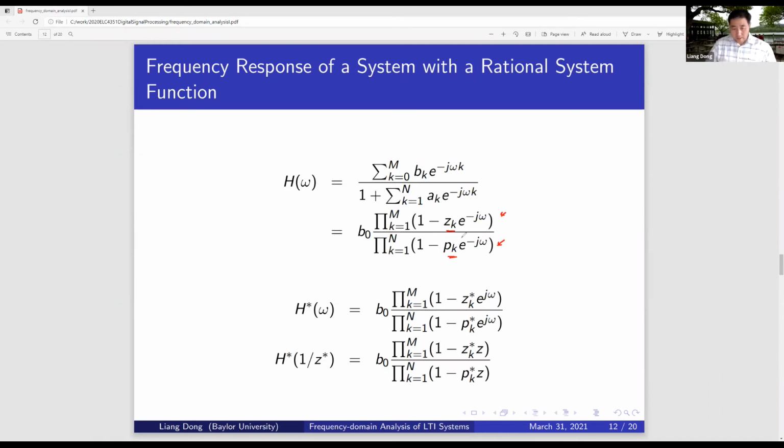Okay. Now, if I am writing out H(omega) conjugate, the entire thing conjugate, you take the entire thing and put a conjugate on it. Therefore, z and p are values that can be complex, so if you put this in, that will move in here.